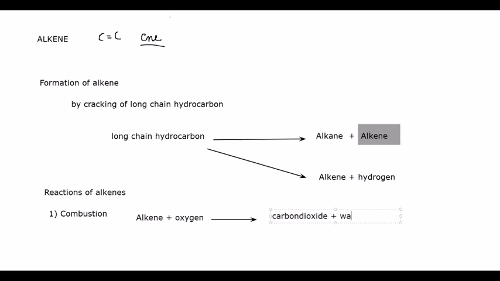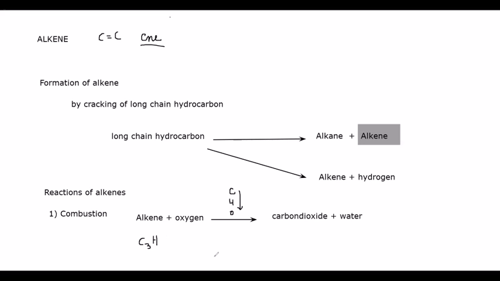plus water vapor. Because these are hydrocarbons, whenever you burn them, this will always result in the formation of water vapor. And for balancing this equation, always remember the combustion equation: you will start with carbon, followed by hydrogen, and at the last, oxygen. That's the order to balance. So if I have an alkene with C3, how many hydrogen should be there?